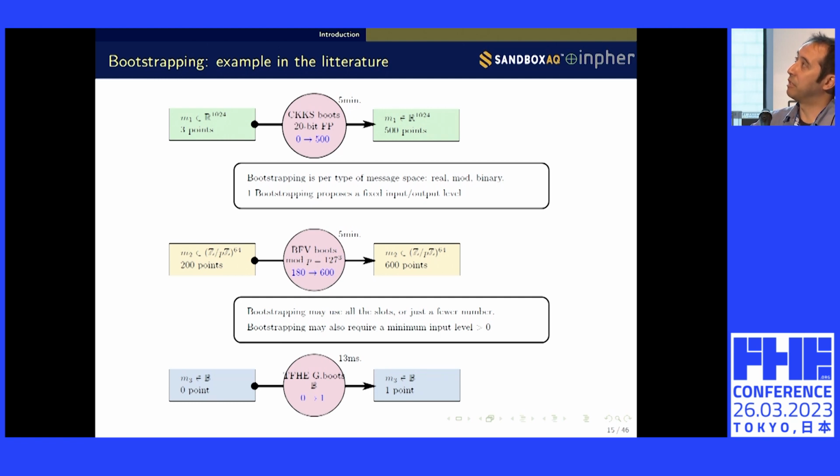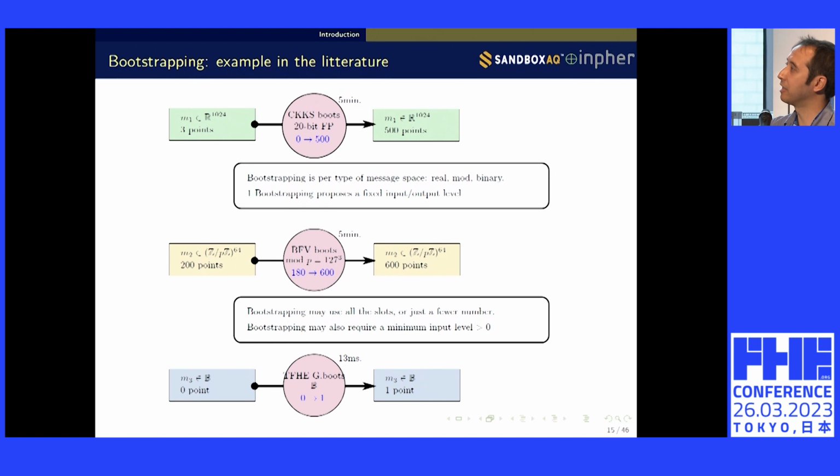Other bootstrapping will require a certain amount of noise at the input of the bootstrapping and will raise a number of points. So if you have done too many operations and you are already below 180 points, you will not be able to apply this bootstrapping anymore. So it's only at the end of the computation.